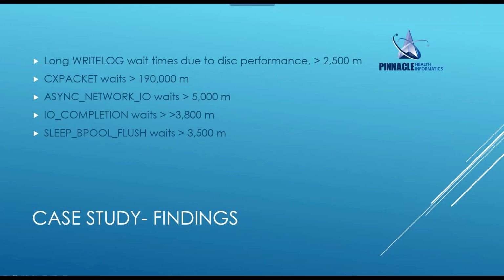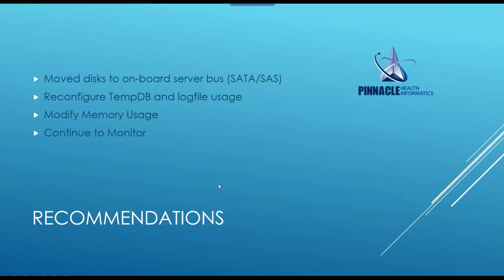So that's what we found. So here were the recommendations. My thought was the disk system is really suffering. So we've got to get it off that iSCSI backbone and put onboard SATA or SAS, 15,000 RPM, 10,000 RPM disks that are attached directly to the server bus, not over the network or anything.